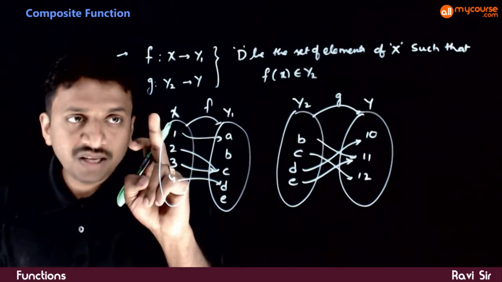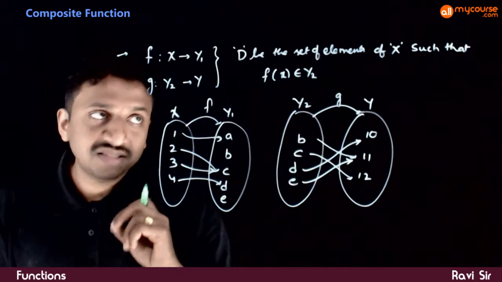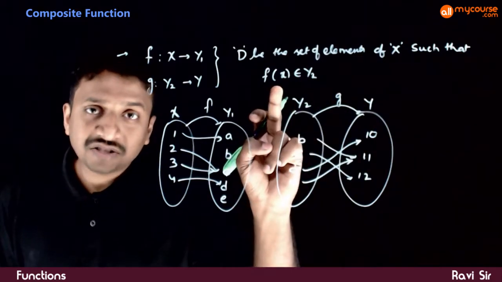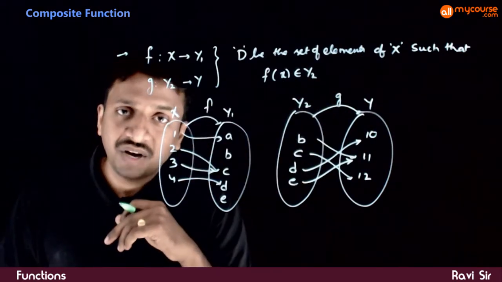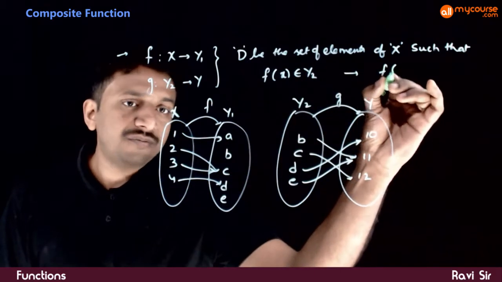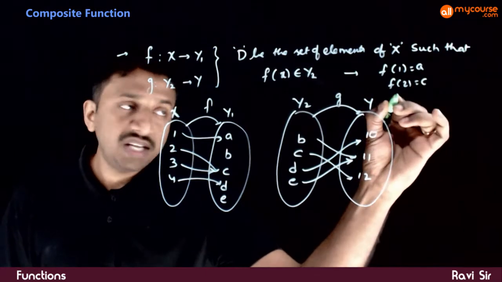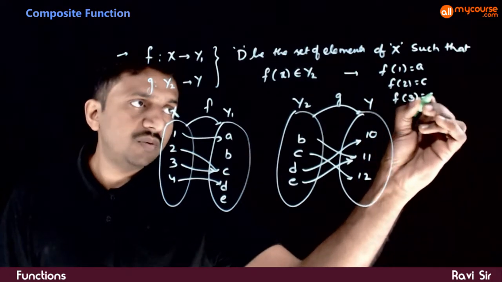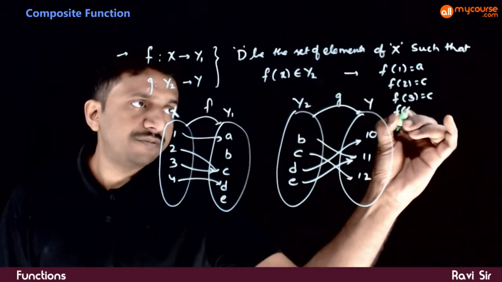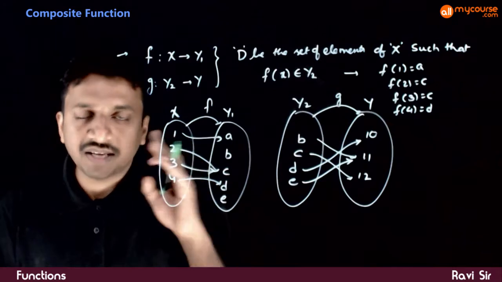So let D be the set of elements of X such that the image of that element belongs to Y2. That is, as you can see, f of 1 is equal to a, f of 2 is equal to c, f of 3 is equal to c, f of 4 is equal to d. So there are 4 elements in X.